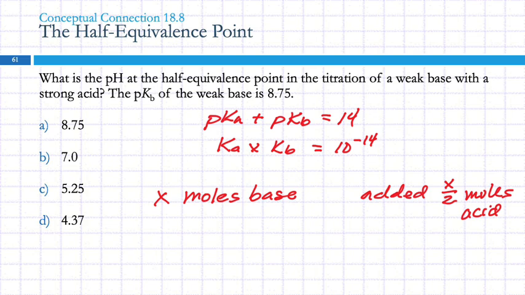So we've neutralized half of it. So we do the stoichiometry part, and we end up with, in our ICE table, the base concentration being equal to the acid concentration at the half equivalence point.